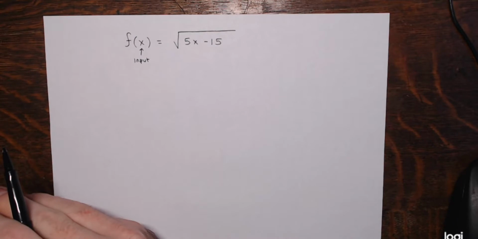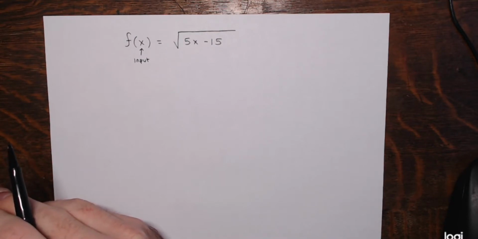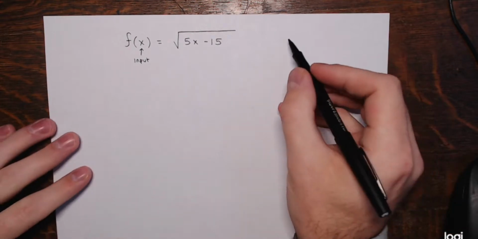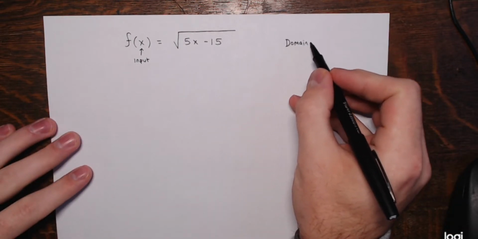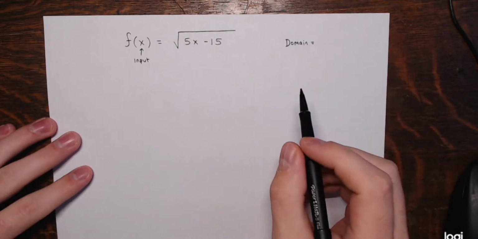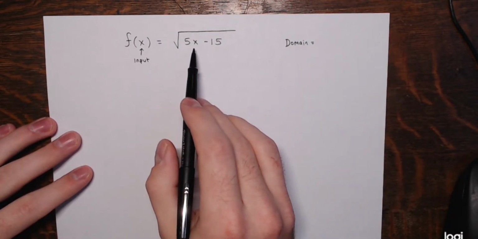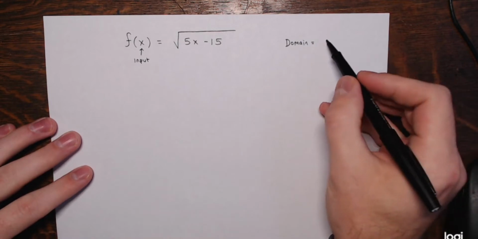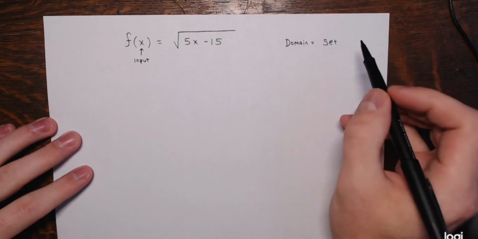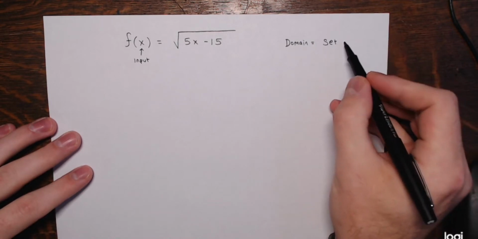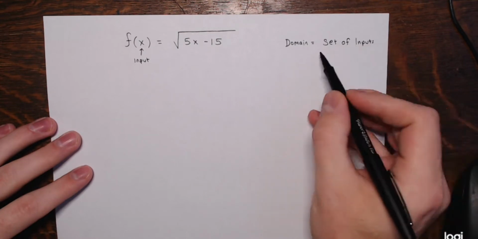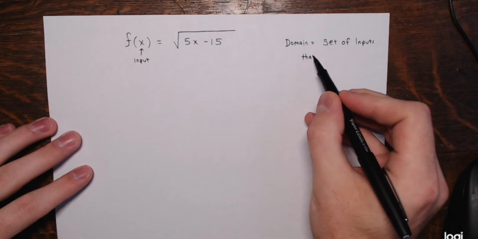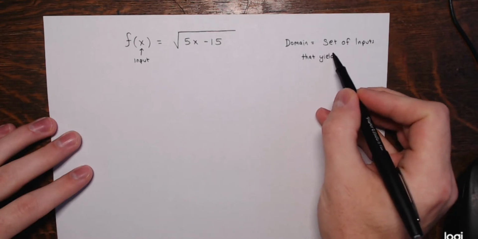Well, we just want the set of x values that can be used here. And really, we're talking about the domain in such a way. So it's the set of x values that can be used, the set of inputs that yield a real number output.